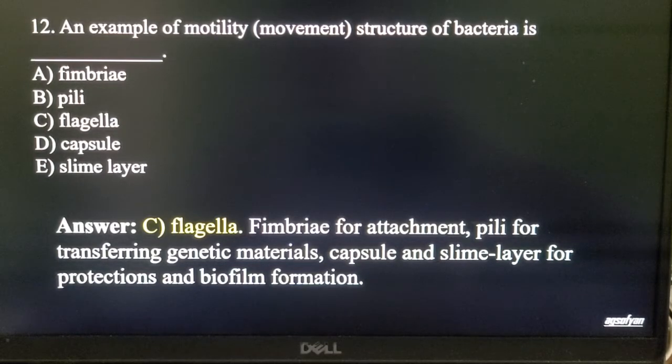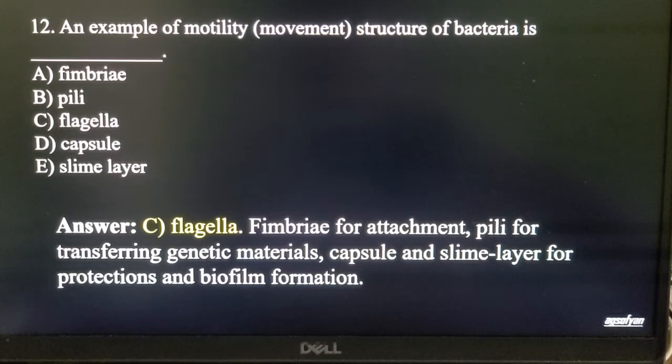Remember, fimbriae is for attachment. Pili is a channel to transfer something from one bacteria to another bacteria. Capsule is for protection. This is the outer layer, outside the cell wall. Some bacteria have a capsule, a very solid layer.